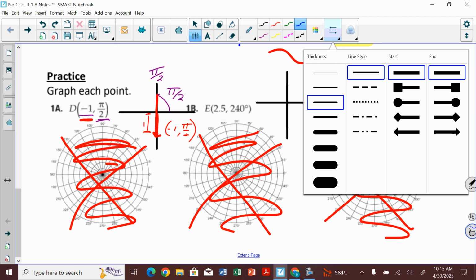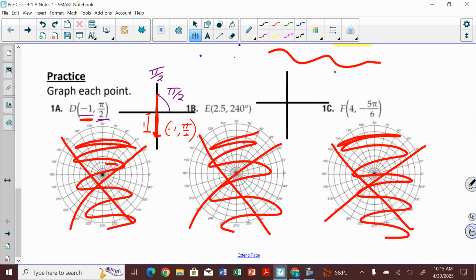So I have to find my angle measure. 240 is going to put me all the way across to about here. It's going to come 90, that's 180, and 240 is going to be right here. That's 240 degrees. And then I've got to go 2.5 in this direction, and I've got a point right here.